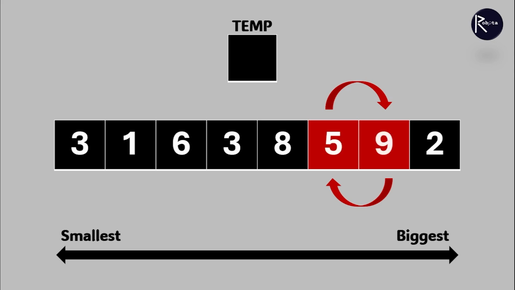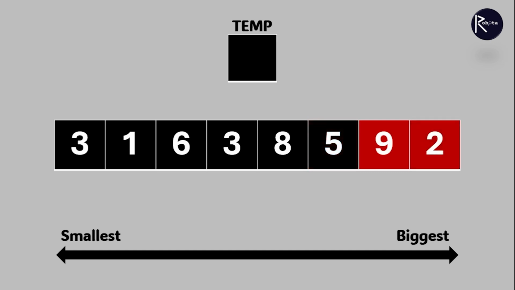If they're following it, we skip it and move forward. Now we have to swap 9 and 2 because 9 is not less than 2, right? We put 9 into the temp variable and bring number 2 to the front of the list and put 9 back to our list. Our biggest value in the list, which is number 9, is now at the end of the list.